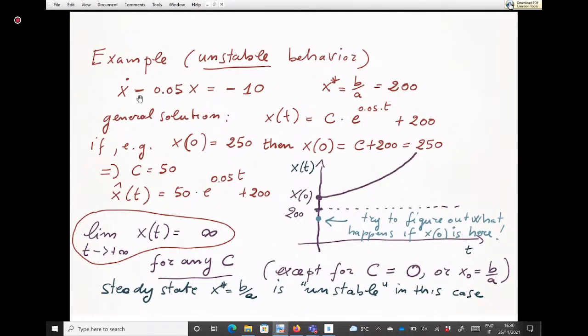Remember, a is negative here, so we will have a positive coefficient in the exponent, plus 200. And this is the general solution. If x at time 0 is equal to 250, then c is equal to 250 minus 200, which is 50. So the particular solution is 50 times exponential 0.05t plus 200. Okay?